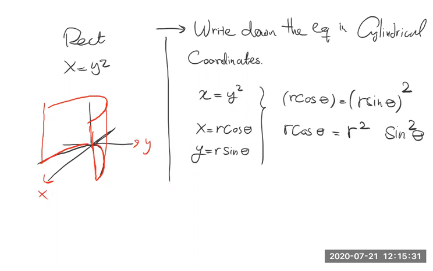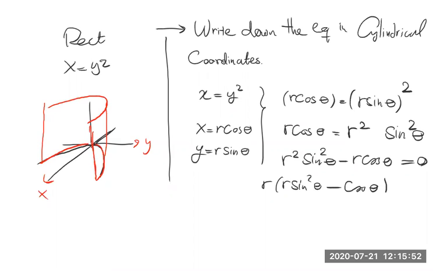Well, it means I can take both of them to one side. It means r squared sine squared of theta minus r cosine of theta is 0. I can factor r. It would be r times (r sine squared minus cosine) is 0.